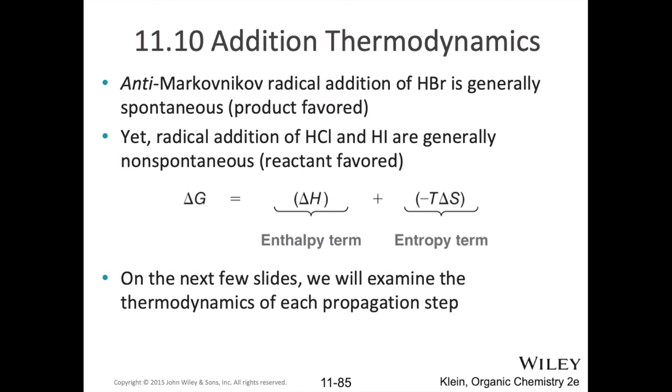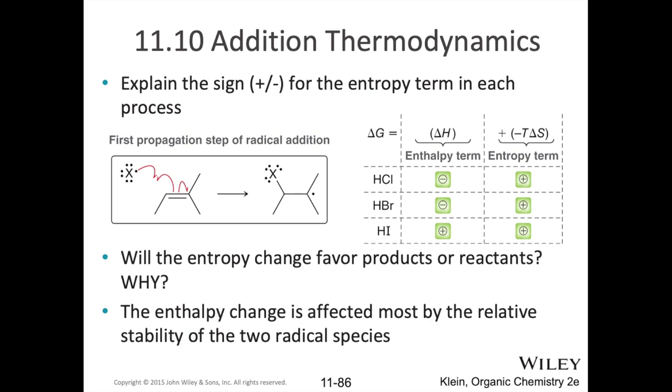So in the next few slides, let's look at the thermodynamics of this process to understand how this works. Again, with your Gibbs free energy equation, remember we have our enthalpy term and our entropy term, and so we want to look at the competition of those two. Ideally, we'd have both of those be negative, but let's see what happens here. Let's break this down to our different steps.